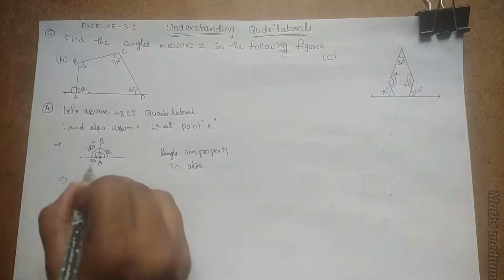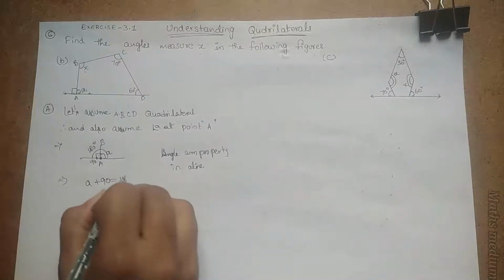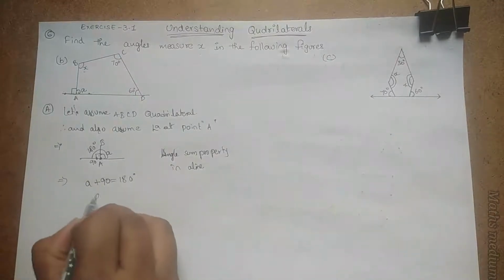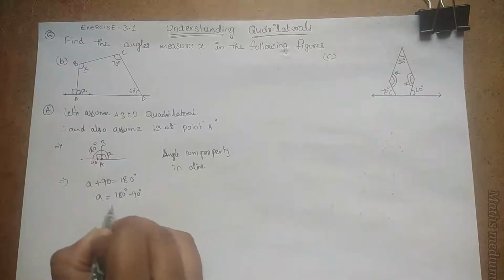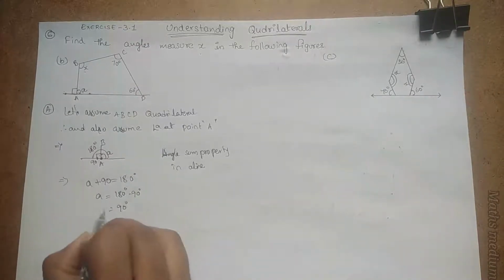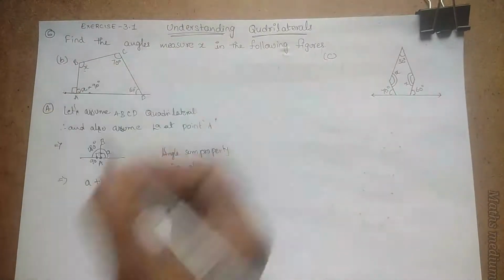So A plus 90 is equal to 180 degrees. So A equals 180 degrees minus 90, that is 90 degrees. So we get A as 90 degrees.